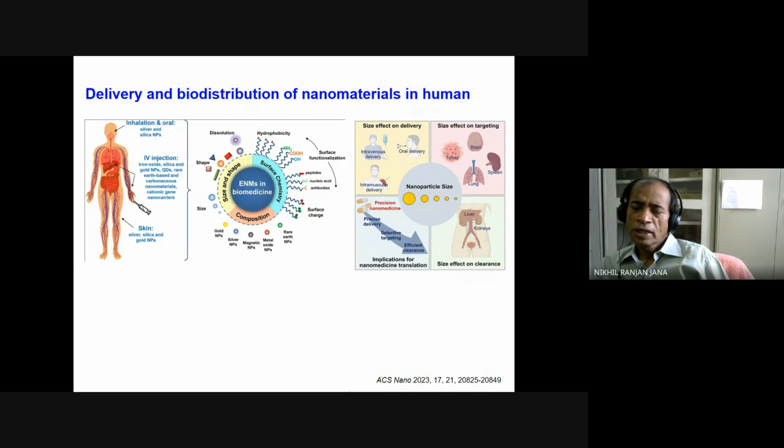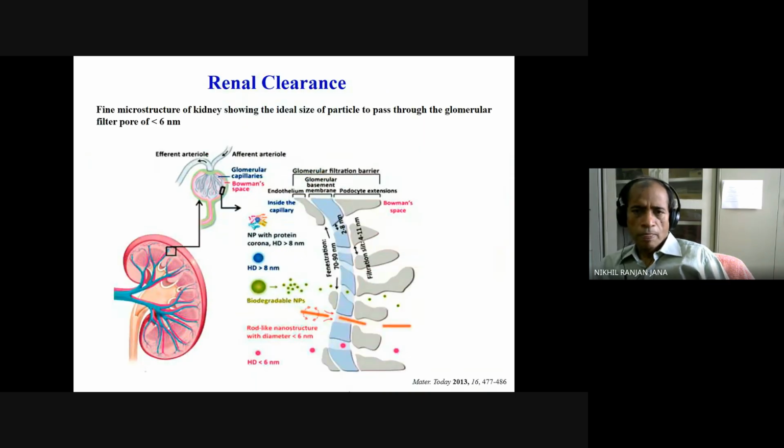Most common is kidney, lungs, heart. And if you want renal clearance, they have microstructures in our glomerular filtration systems in our kidney.